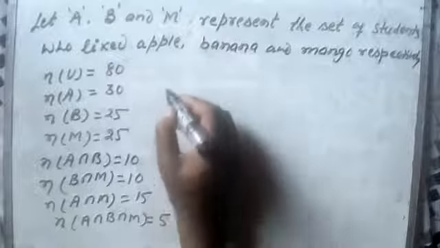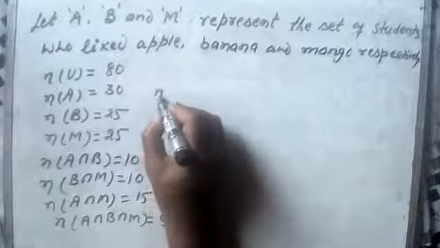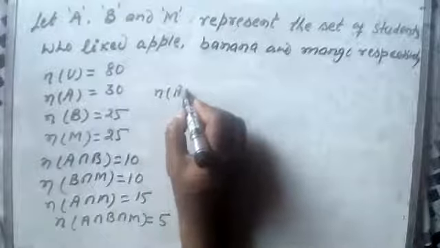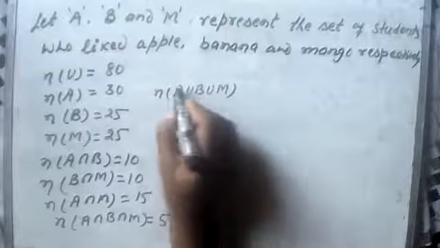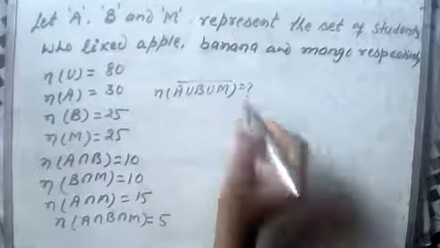We need to get N of (A union B union M) complement, which is equal to what?